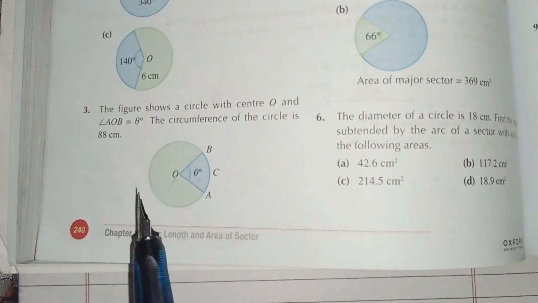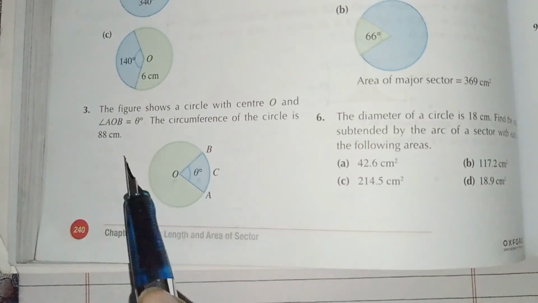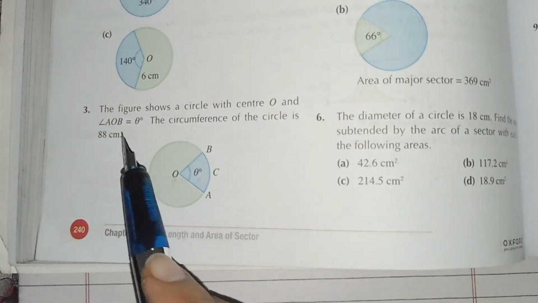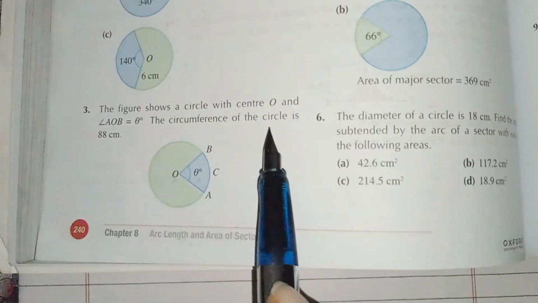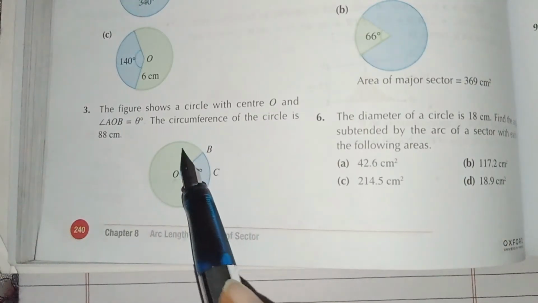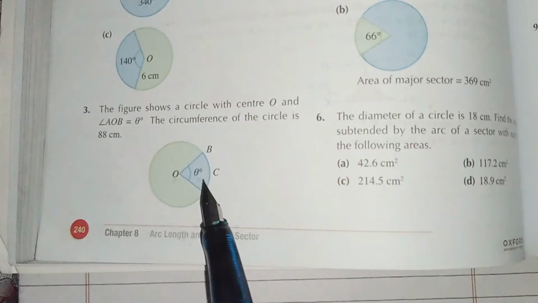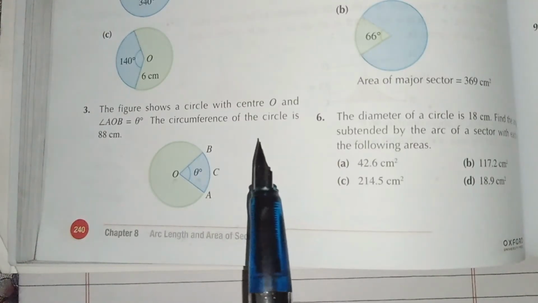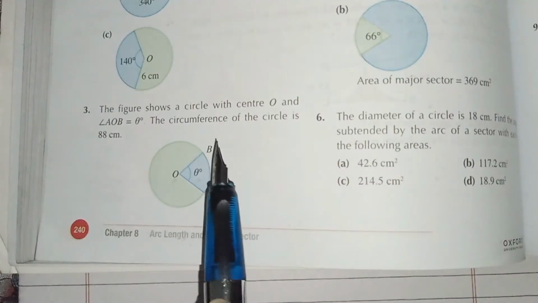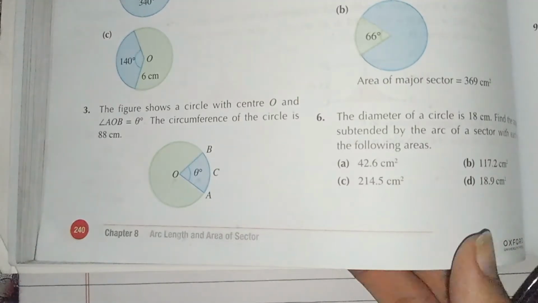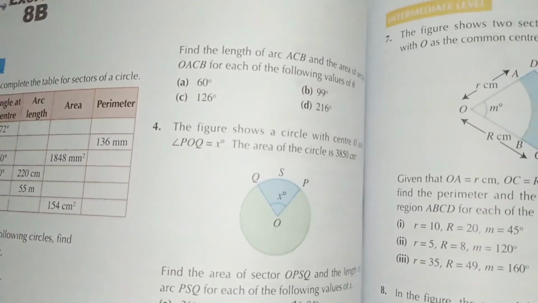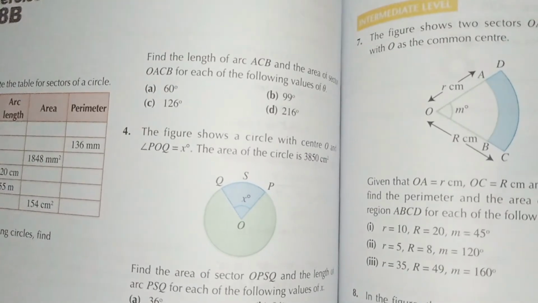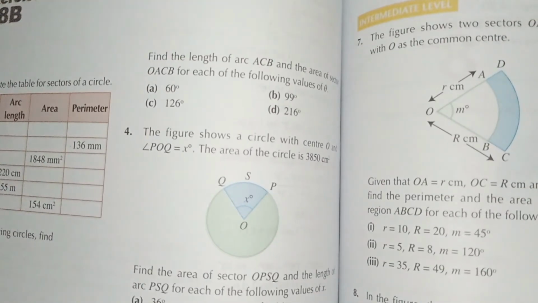Now students, question number 3. The figure shows a circle with center O and angle AOB equal to theta. The circumference of the circle is given to us, which is 88 centimeters, and from the circumference we can easily find the radius. In this question we have to find the length of arc and the area of a sector.